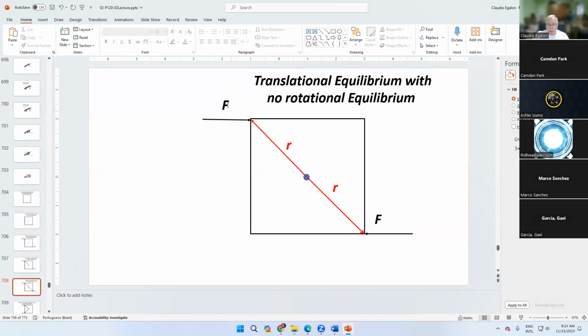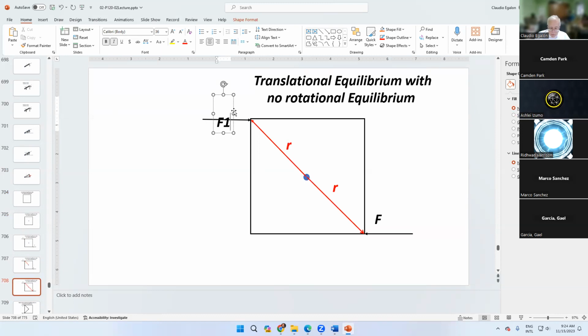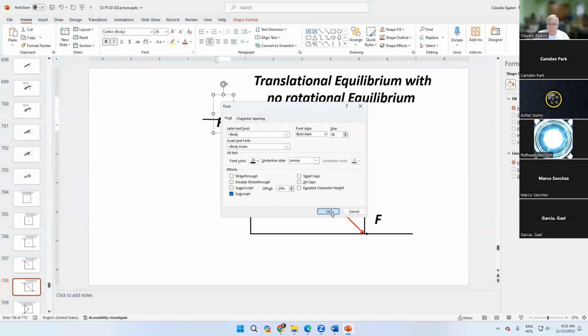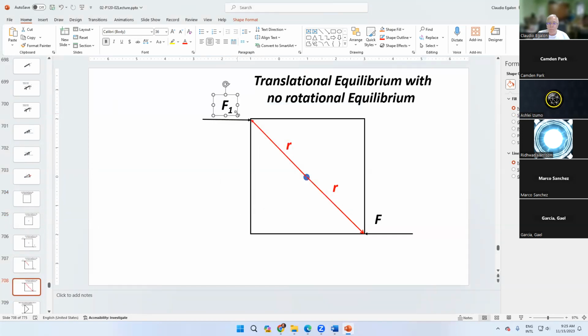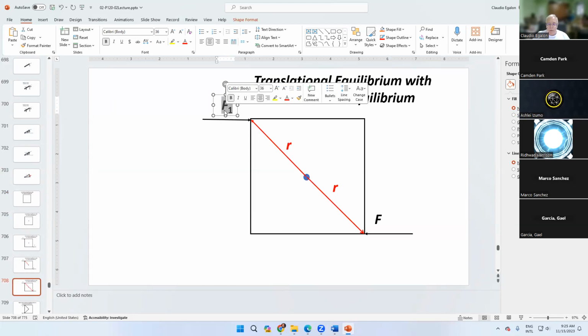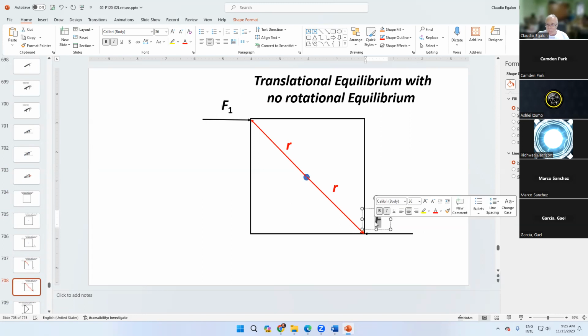I'm gonna put here F1, subscript, to distinguish it so it's clear. And the other one is gonna be F2.